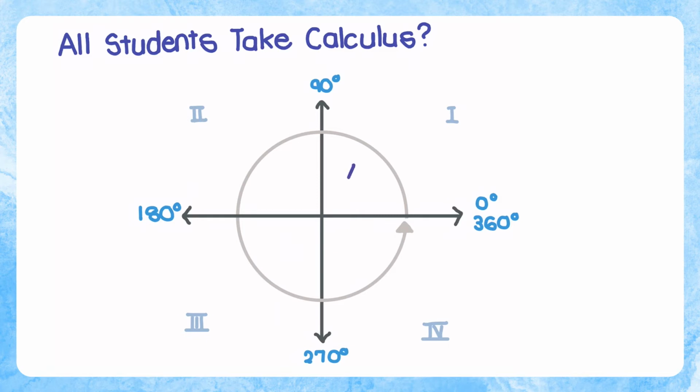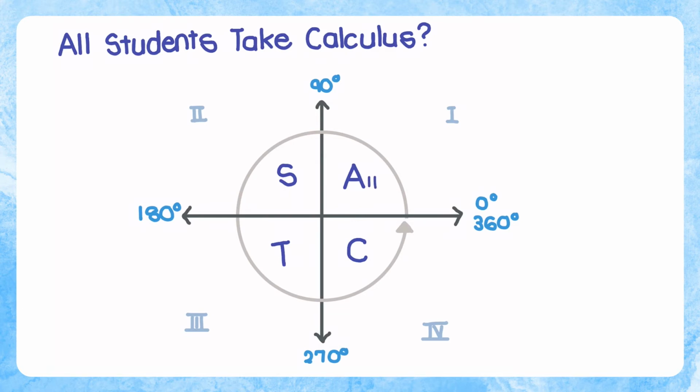So in each quadrant, we're going to put the letters A, S, and then T, C. So all students take calculus is a way to remember this order, but what does each part actually stand for in terms of trig ratios?